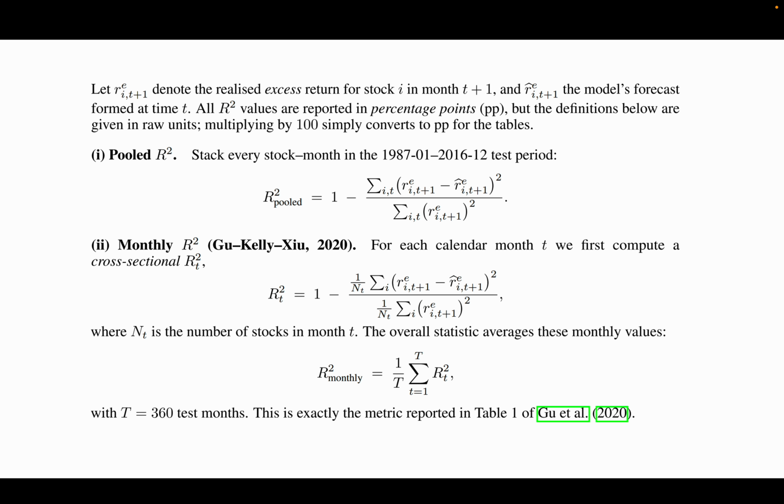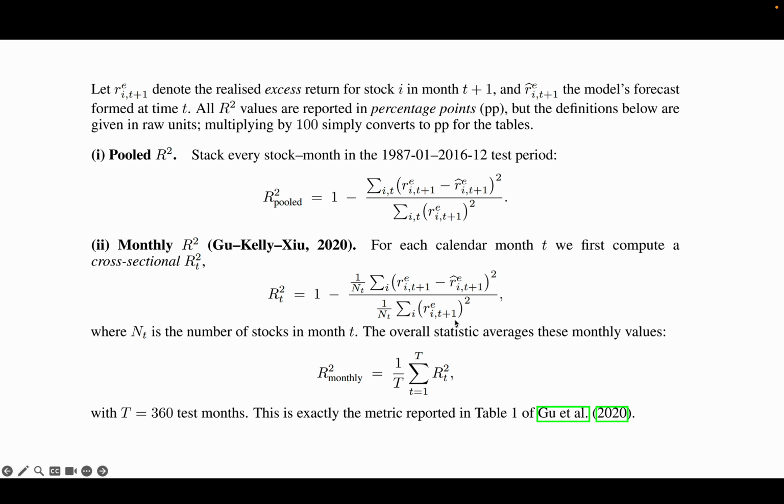And here we check the model in 2 ways. The first is the pooled R-squared. You can think we put every stock-month into one big pool. It is defined as 1 minus total squared error over total squared return. It's good for testing the money value of a strategy. The second is the monthly R-squared, which aligns with the original paper. First, we get 1 R² each month, then average.